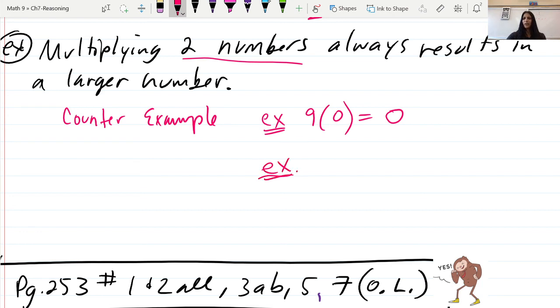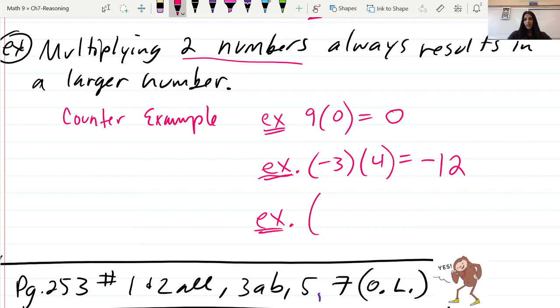I'm just going to give you another one. Actually, I'm going to give you another two, and you could provide me with any one of these. If we have a negative, let's say we do negative 3 times 4, okay, it always results in a larger number. Well, no, the answer to this is negative 12, which is actually smaller. And one last example of this is, what if we took 1/2 and multiplied it by 1/2?